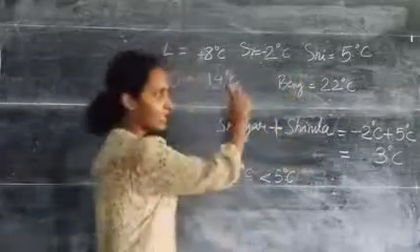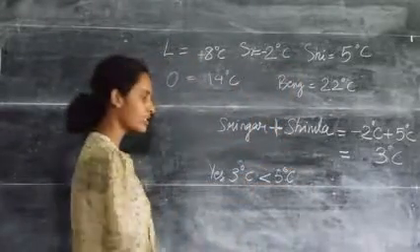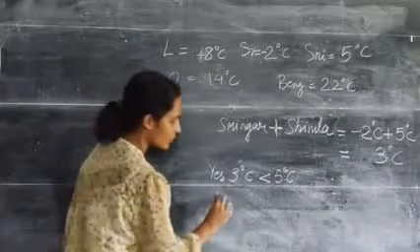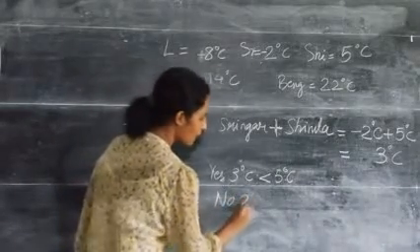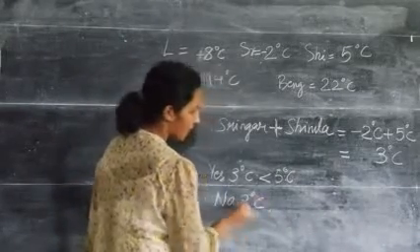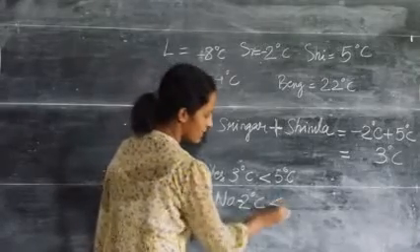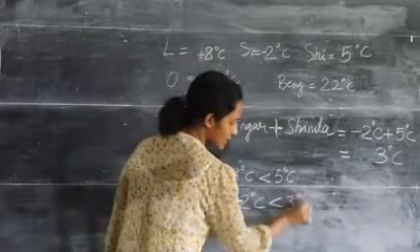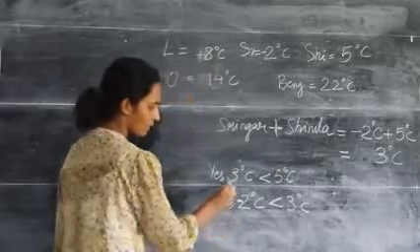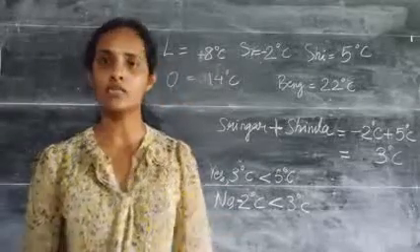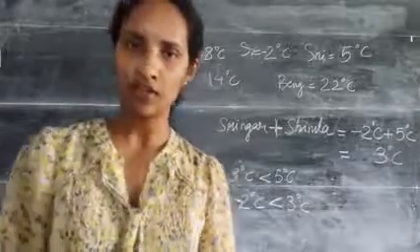Okay? So comparing Srinagar and this temperature, 3 degrees Celsius, which one's bigger? 3 degrees Celsius. So we can say no, because minus 2 degrees Celsius is lesser than 3 degrees Celsius. Right? So no, we cannot say that because minus 2 degrees Celsius is lesser than 3 degrees Celsius.